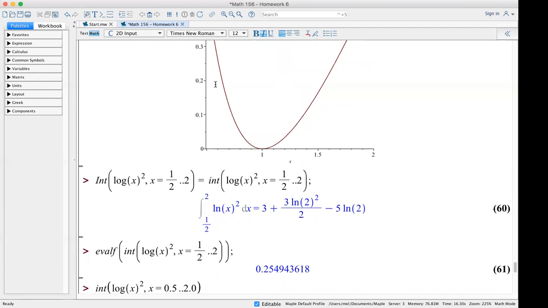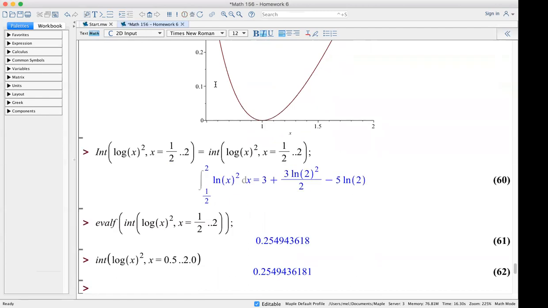So that's the plot. There's the graph. Just wanted to point out one thing. Here, when you compute the integral, you get an expression like this. And then if I convert it to decimal, I get this number.